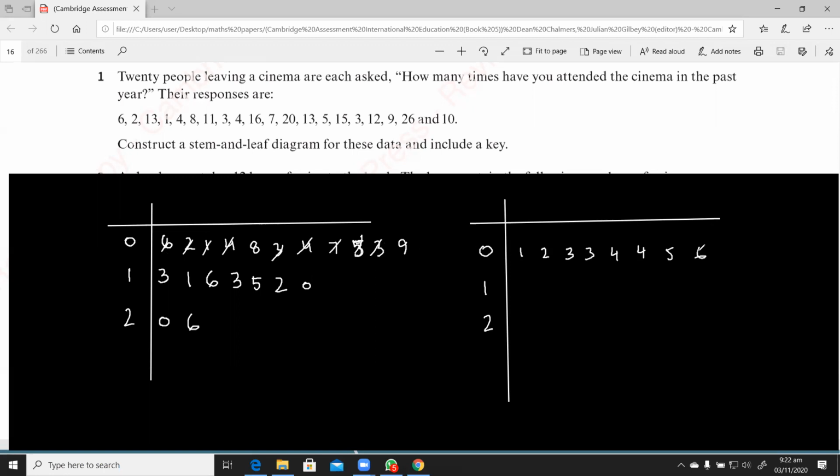Then we have 7, 8, and this 9. Okay. And then this one, it starts from 0, 0, 1, 2, 1, 2, 3, 3, 3, 3. And then we have 5, 6, 5, 6. And then you have 0, 6.